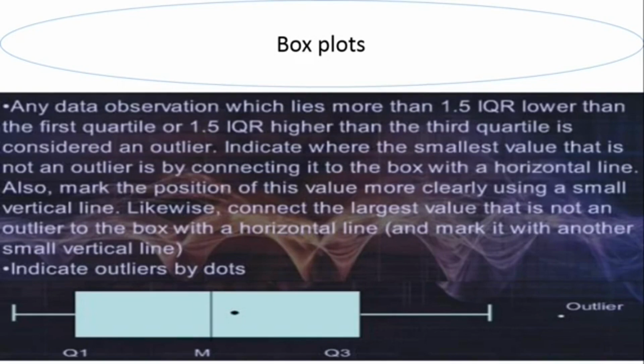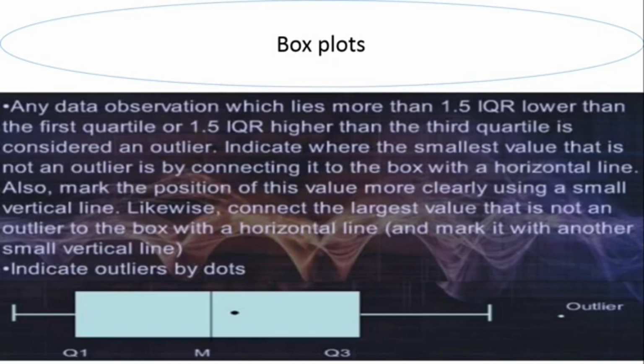Indicate where the smallest value that is not an outlier is by connecting it to the box with a horizontal line. Also mark the position of that value more clearly using a small vertical line. Likewise, connect the largest value that is not an outlier to the box with a horizontal line, and mark it with another small vertical line.